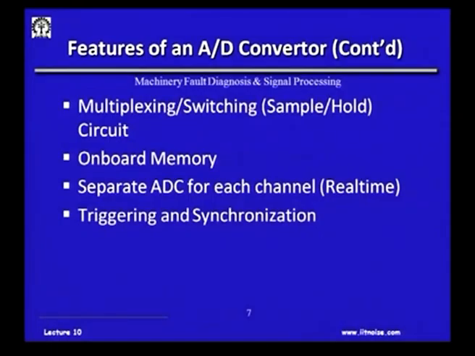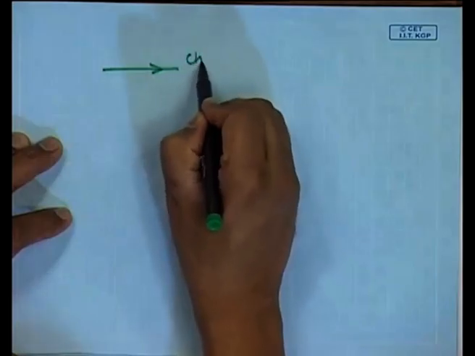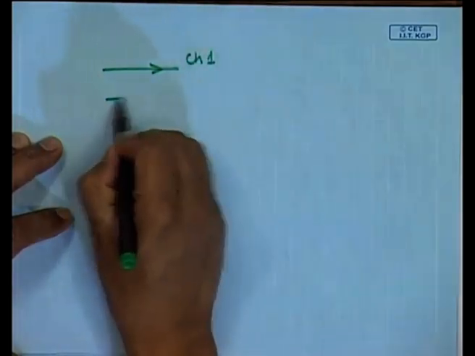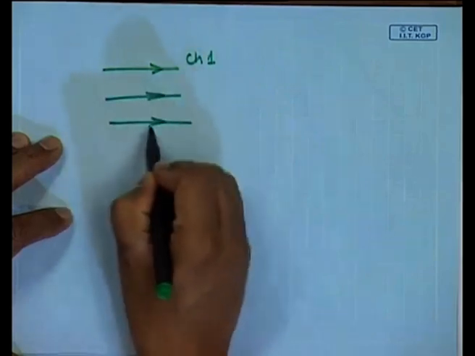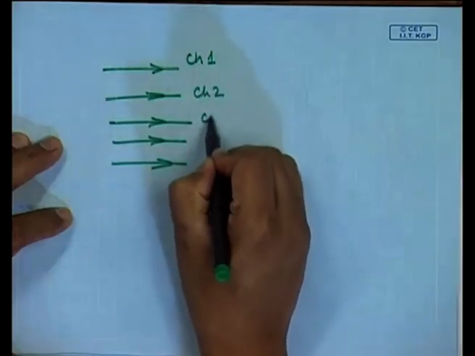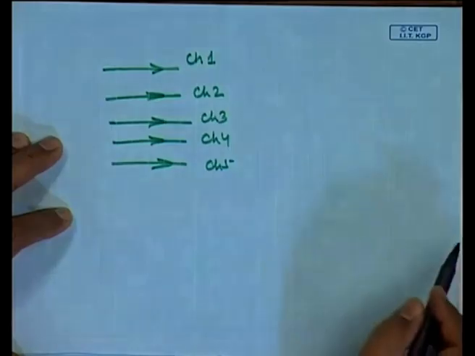The other important feature is, suppose I have a lot of signals coming in. Suppose my signal is coming in channel 1, usually the inputs are known as channels in A to D conversion. I have a few more signals coming in the remaining channels. Okay.